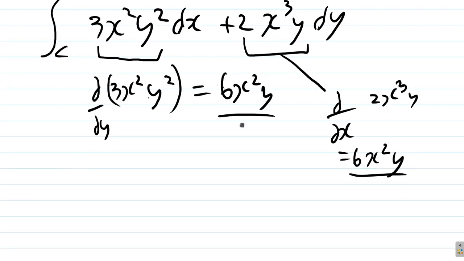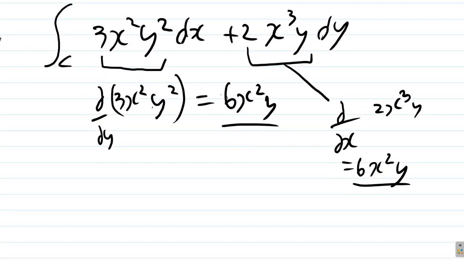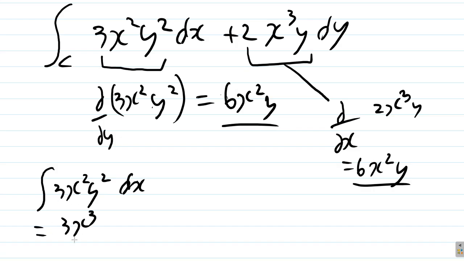The other thing we can do, as I showed you before, suppose we integrate this with respect to x. The integral of 3x squared y squared dx would be equal to what? Well, this would be 3x cubed over 3 y squared, which will be 3 cancels 3, so it's x cubed y squared.